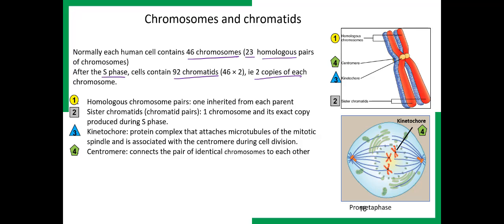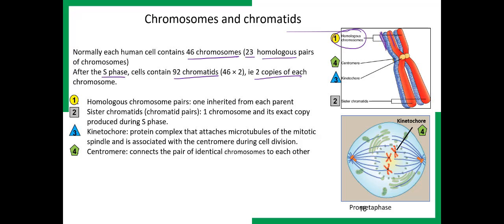When we're talking about chromosomes and chromatids, this is just an attempt to define the terms. When we talk about homologous chromosome pairs, we're talking about the chromosomes that each person inherits from their parents. You inherit maybe the red one from your mom and the blue one from your dad.